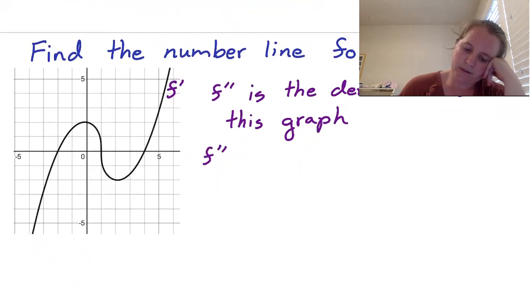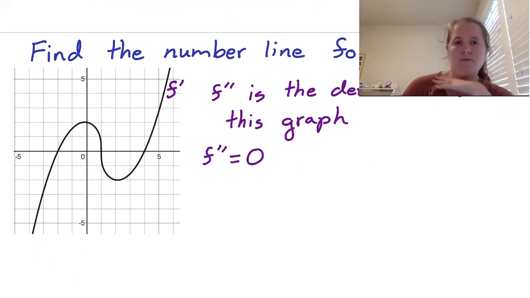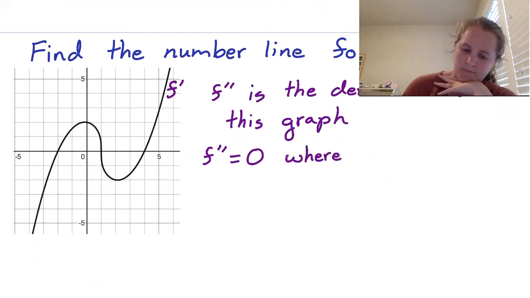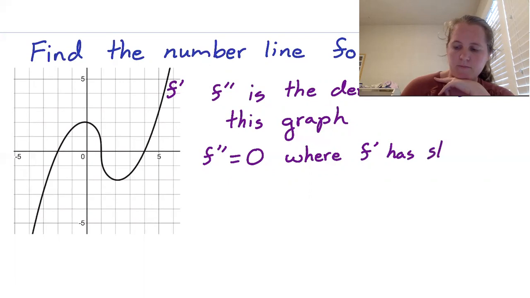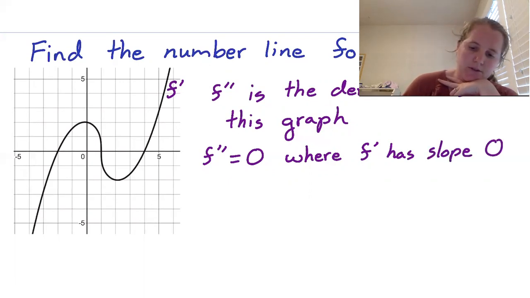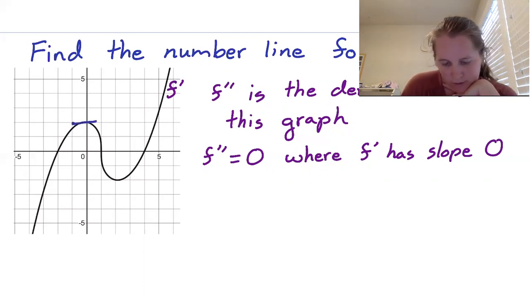The second derivative is equal to 0 where f prime flattens out, where it has slope 0. So if we look for places where the graph flattens out, we have one that looks to be around x equals 0, and then another that looks to be around x equals 2.